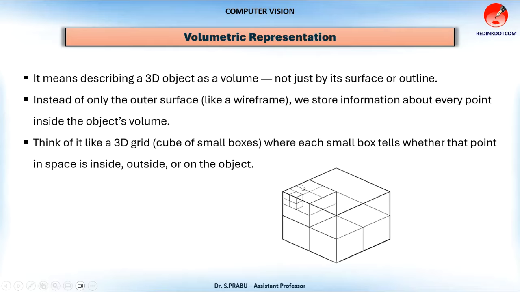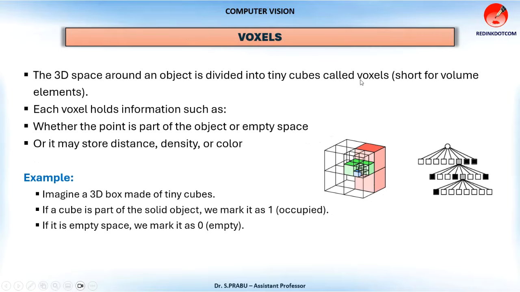It can be visualized like this. Each cube contains the entire information about the 3D point. These tiny cubes are called voxels. Each voxel contains different information like distance, density or color. This information can be stored in data structures in your computer.